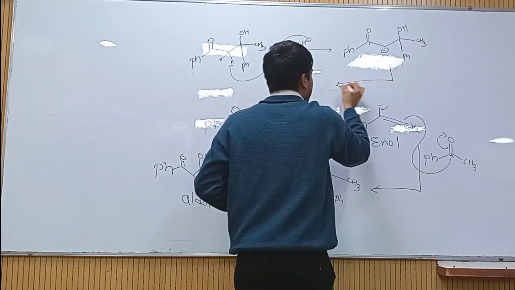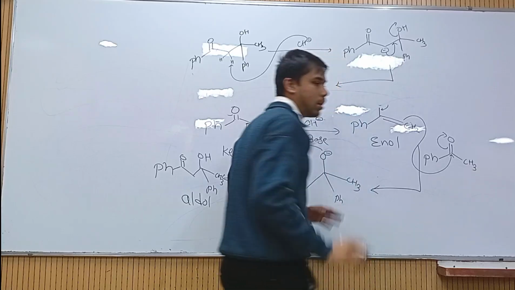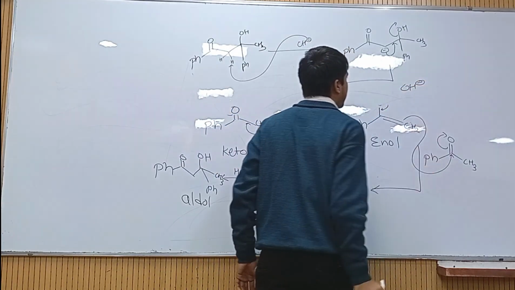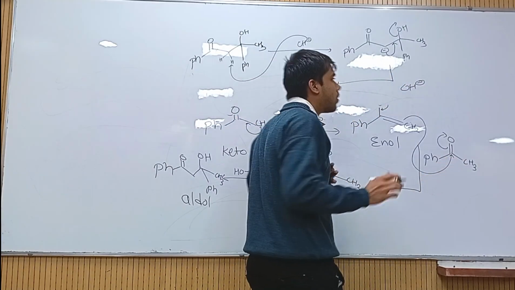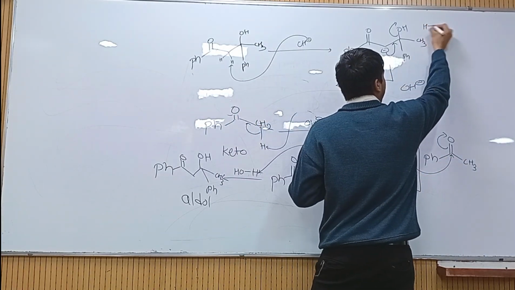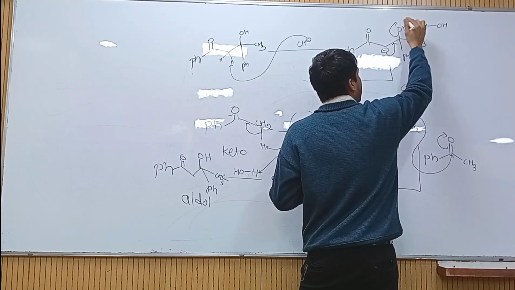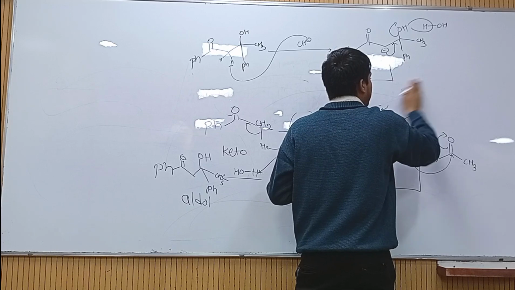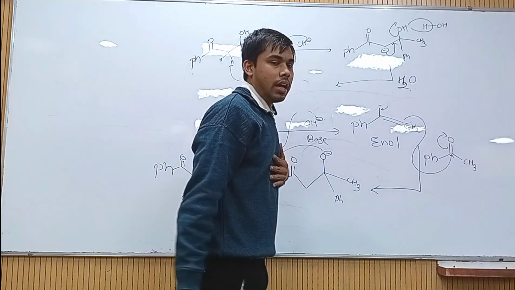And then when this negative charge comes here, that OH will leave as an OH minus, and since in the solution we have water, that OH minus will simultaneously take a proton from the solution, and it will leave as H2O.